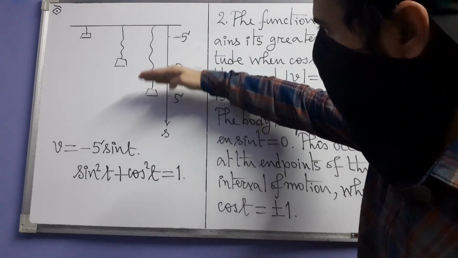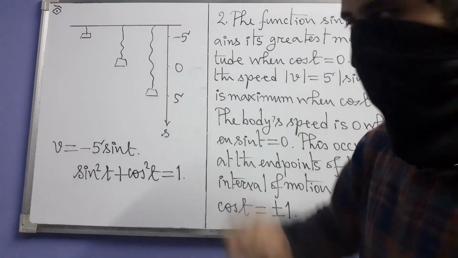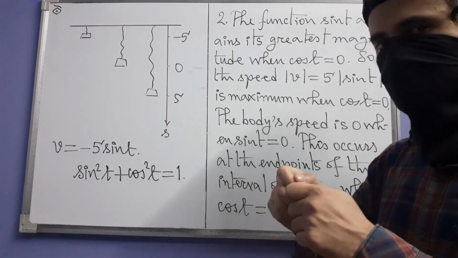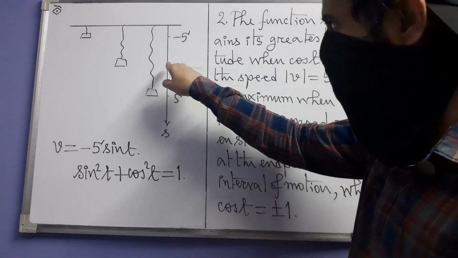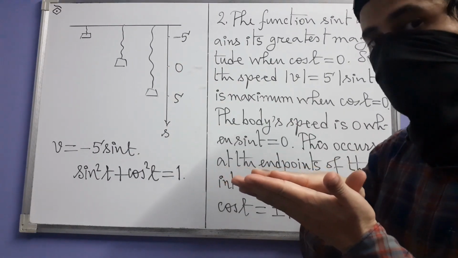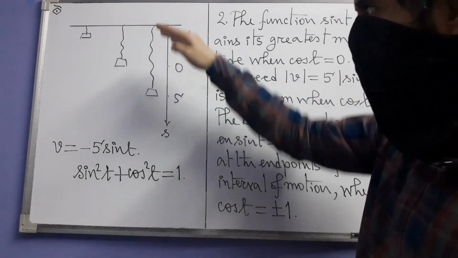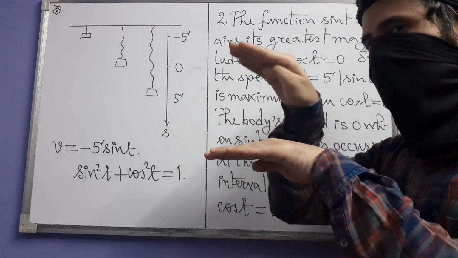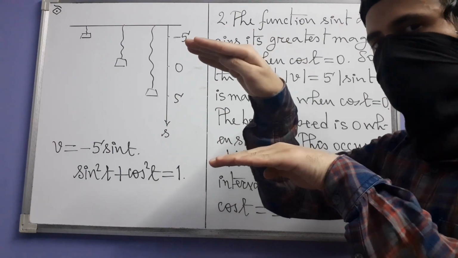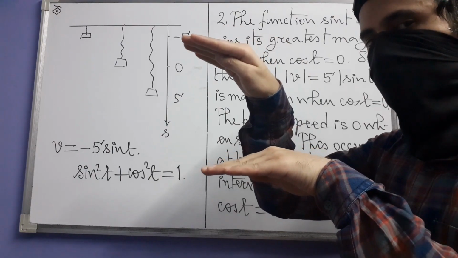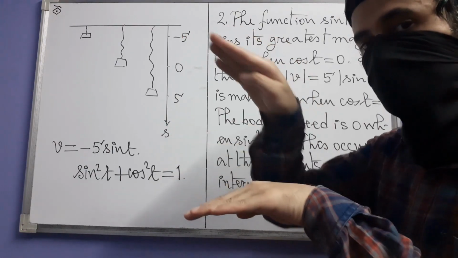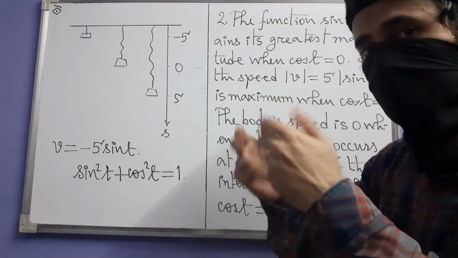As the stretched spring pulls the body up, initially the speed is not that much, but this is the instant when the body has the greatest speed. But then as it goes above this mark, its speed gradually again decreases, becomes 0, and then the velocity gets reversed and then it starts to increase in magnitude.